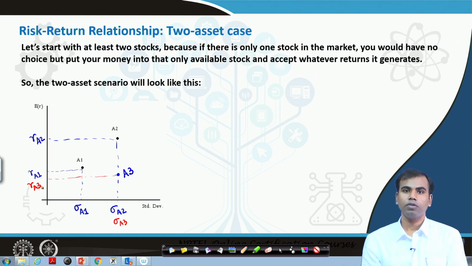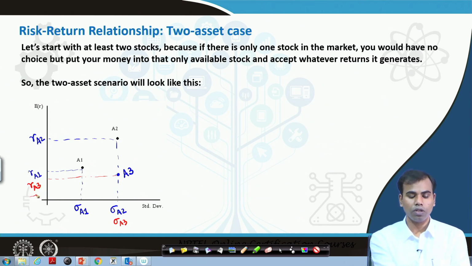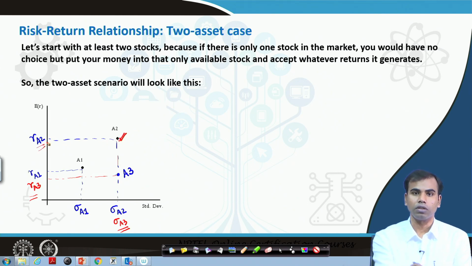No investor would want to invest money in asset 3, because it offers a lower rate of return for the same amount of risk. For the same risk, sigma A2, the investor can invest in asset 2 and get a higher rate of return.